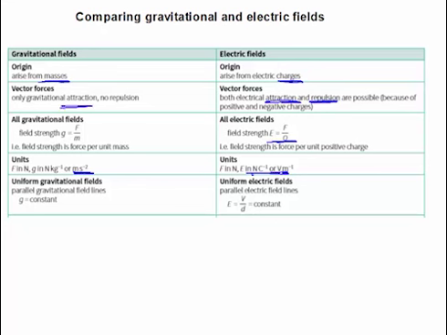This is only attraction. And for a uniform electric field, lines should be parallel, and this is the formula we have to use for calculating it. Here E is constant, G is also constant for the gravitational field.